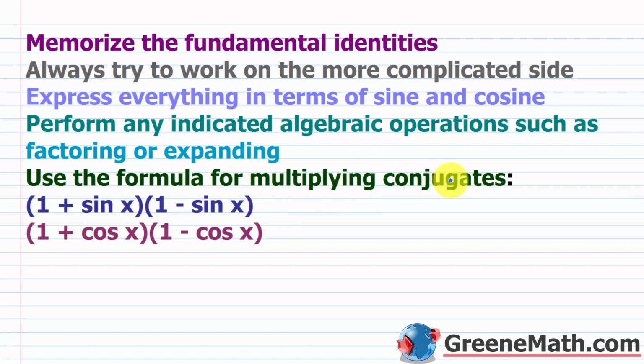So remember, if you have 1 plus sine of x times 1 minus sine of x, this is going to be 1 squared, which is 1, minus sine squared x. So basically 1 minus sine squared x, and we know from our Pythagorean identities, this is exactly equal to cosine squared x. Similarly, 1 minus cosine squared x is exactly equal to sine squared x.